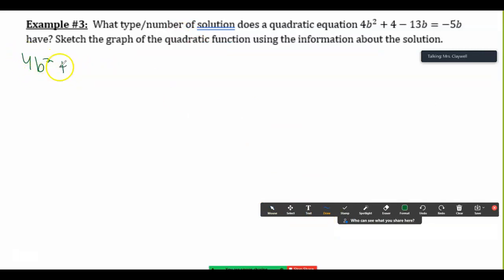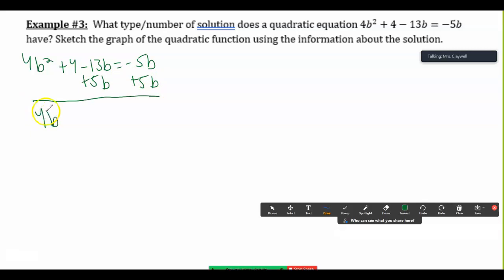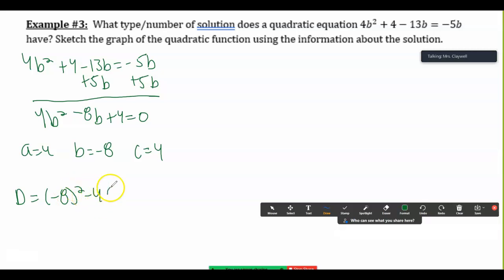I still want to get this in standard form. Identify A, B, C. Discriminant equals B squared minus 4 times A times C. So if my discriminant equals 0, I have one real solution.